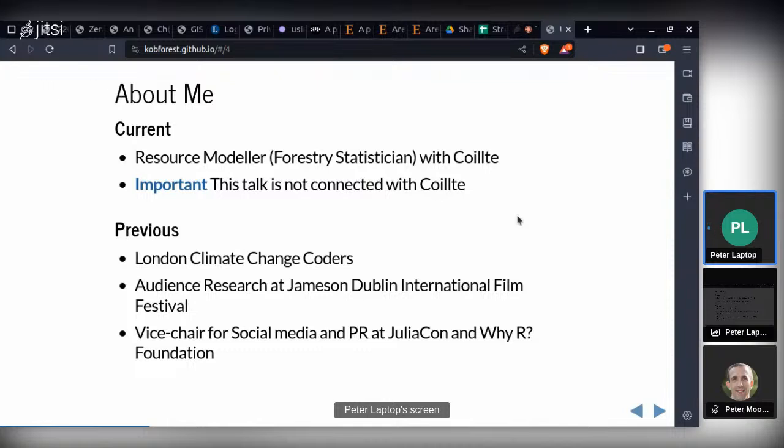I worked in audience research at the Jameson Dublin International Film Festival, which was essentially market research, but also exploring how people felt about the festival, how they found out about it, and public perception of it. It was a bit the same with JuliaCon, the Julia Programming Language Conference, a bit about the public outreach for that. With the YR Foundation, it was more about engaging in citizen science initiatives. So that is where this talk is coming from.